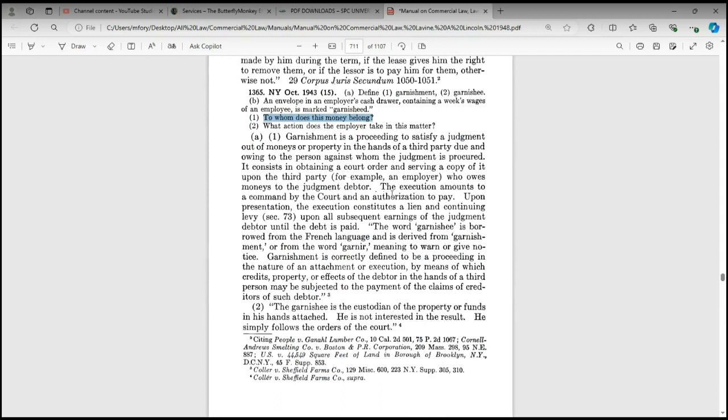The execution amounts to a command by the court and an authorization to pay. Upon presentation, the execution constitutes a lien and continuing levy, Section 73. So that was coming up too. Upon all subsequent earnings of the judgment debtor until the debt is paid.